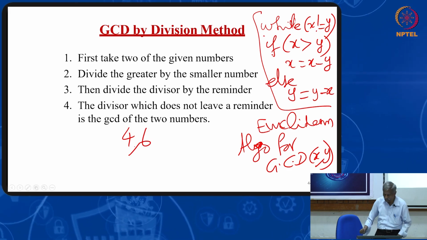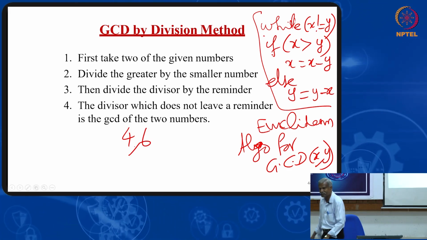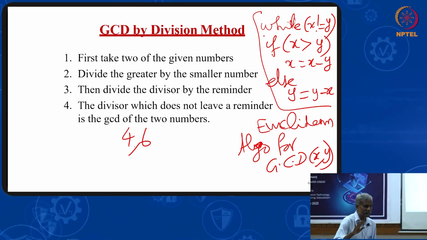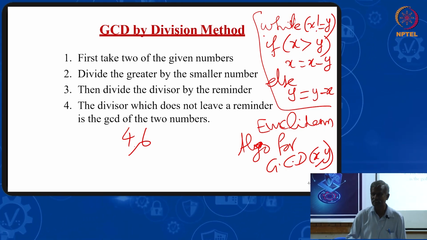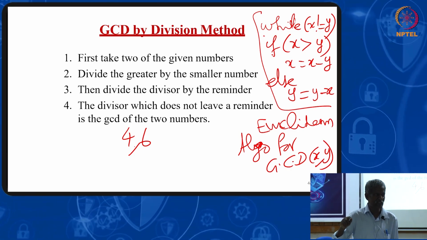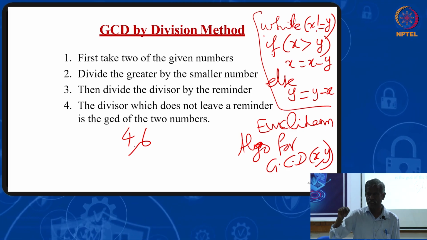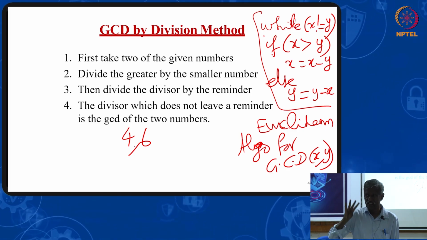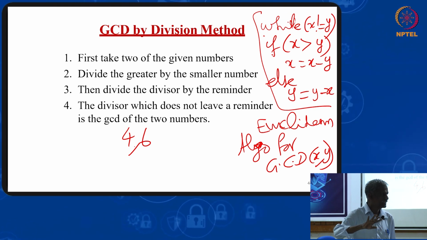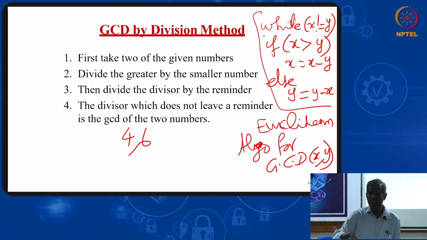Let me take 4 and 6. You see this algorithm. I want to find the greatest common divisor between 4 and 6, using the Euclidean algorithm. The first step is the while loop: while x is not equal to y. With 4 and 6, is x not equal to y satisfied? Satisfied. Therefore, I can go inside.